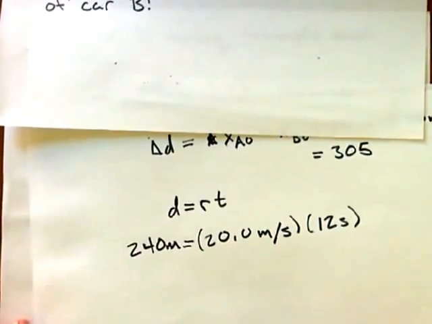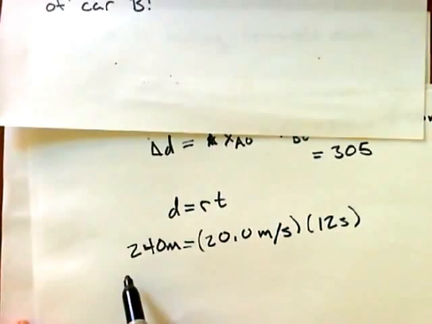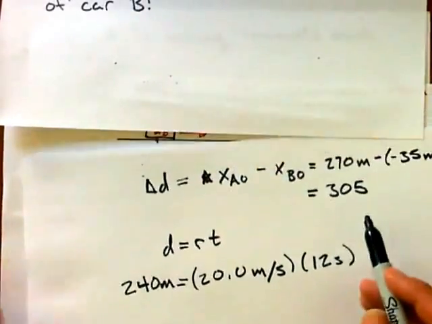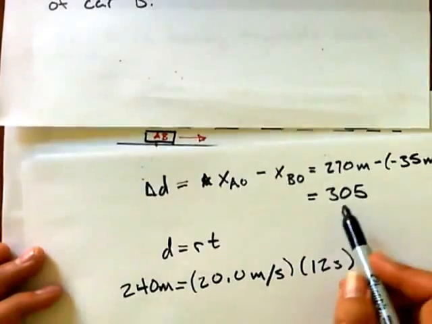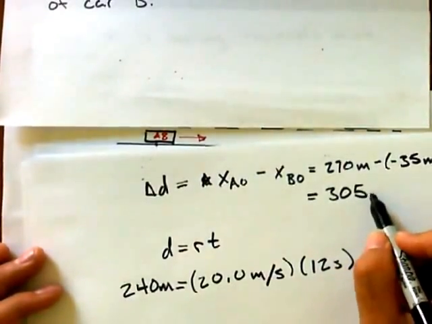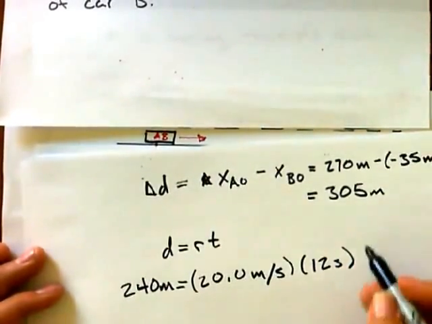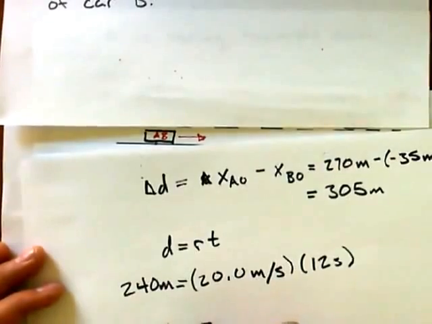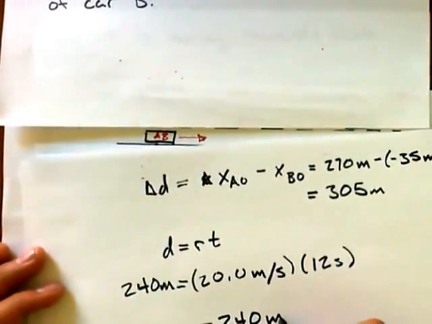Okay, so now we can figure out how far car B has traveled in 12 seconds by simply subtracting this number from the overall displacement, which is 305. Okay, so let's do that. So we have 305 meters minus 240 meters.